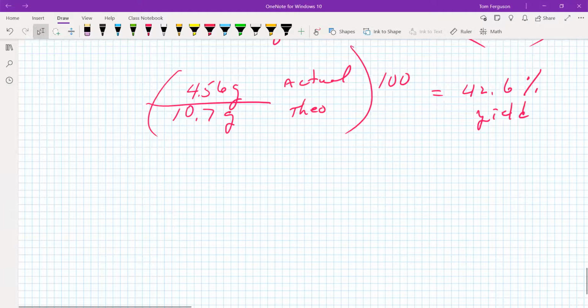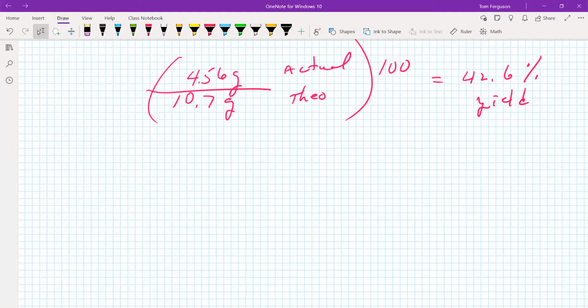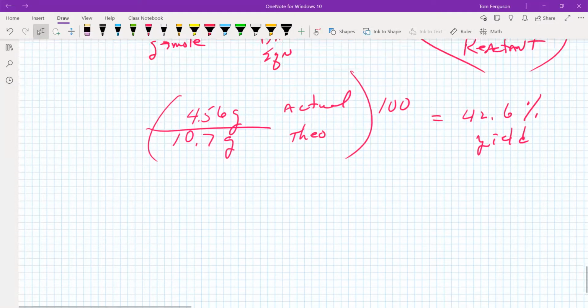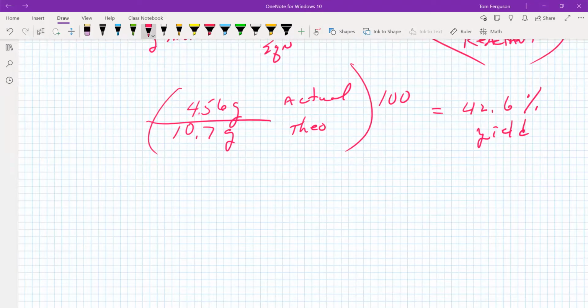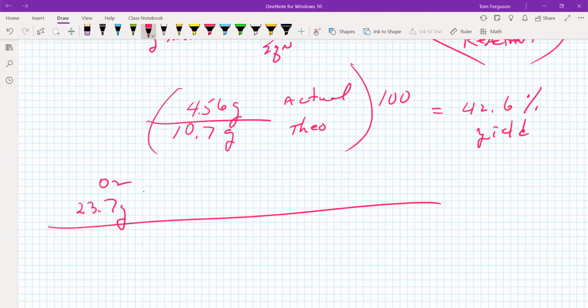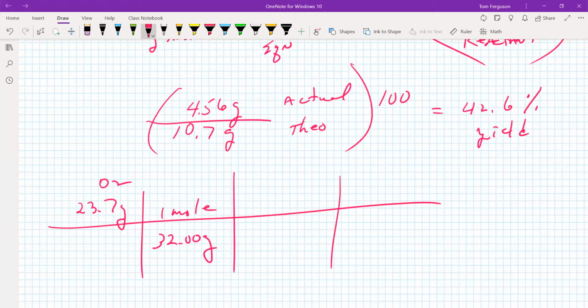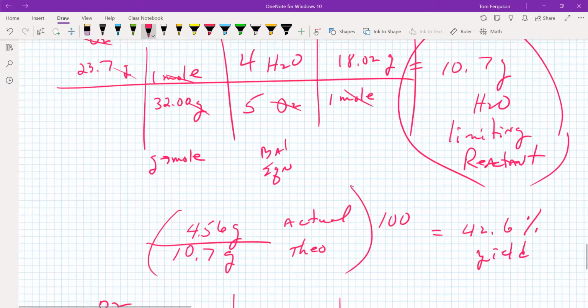So how much propane is needed if we burn up all the oxygen? Okay, we're using up 23.7 grams of oxygen. We want to know how much propane we're going to use up if we burn up all the 23.7 grams of oxygen?